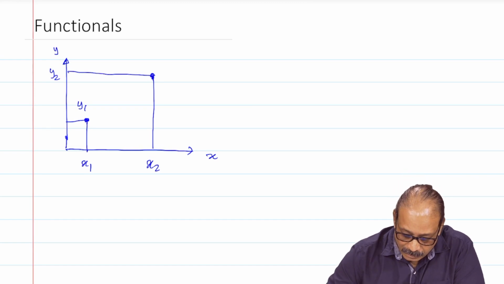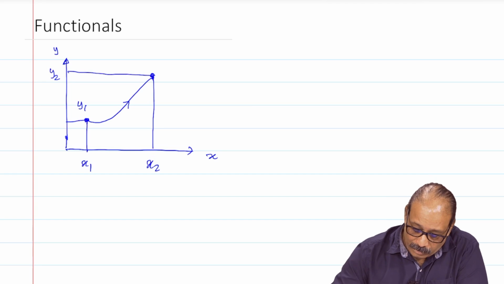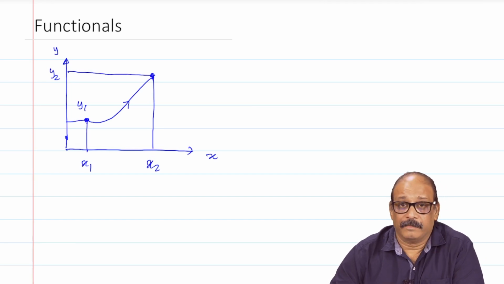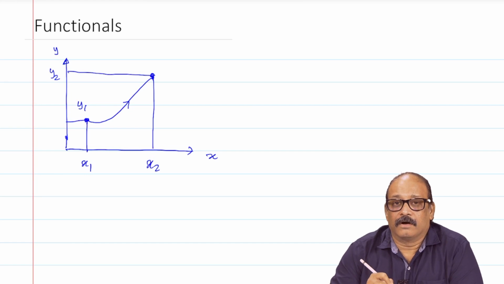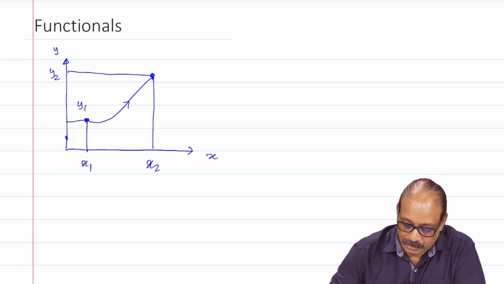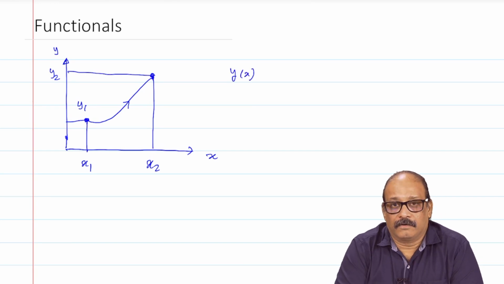Now, there will be infinitely many paths which join the 2 points x1 y1 to x2 y2, and all these paths are basically continuous or sufficiently smooth functions of x.